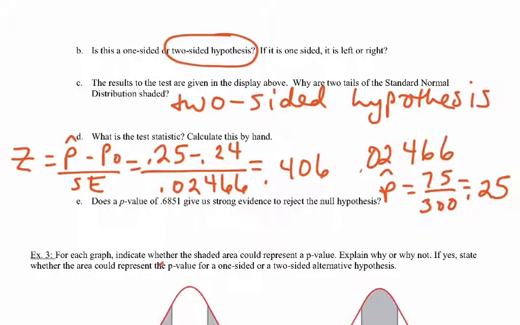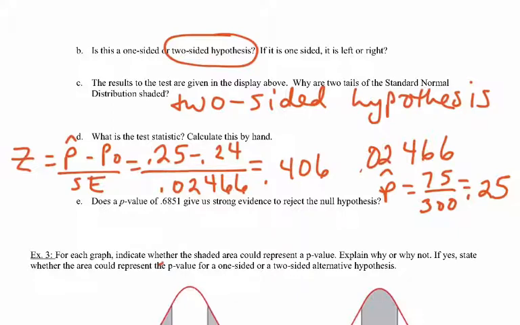Does that give us strong evidence to reject the null hypothesis? No, it does not, because that is a very large p-value. Remember that 5% is kind of our cutoff if they don't give us a significance level. Well, we've got a p-value of 68%. That means this is not unusual. This is not surprising. This means that we cannot reject the null hypothesis.